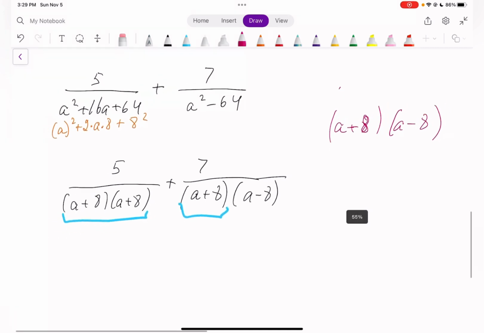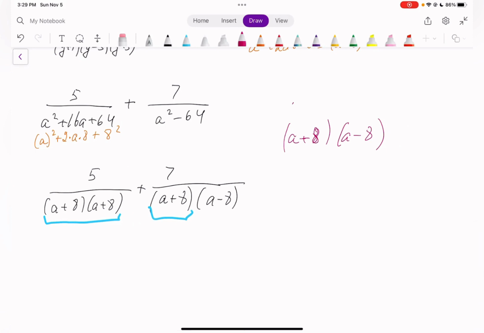Here I have two of them. A plus 8, one more a plus 8. We have to have everything. So this one is a duplicate, right? I'm taking one out, but we still have another a plus 8. So I'm writing here a plus 8.